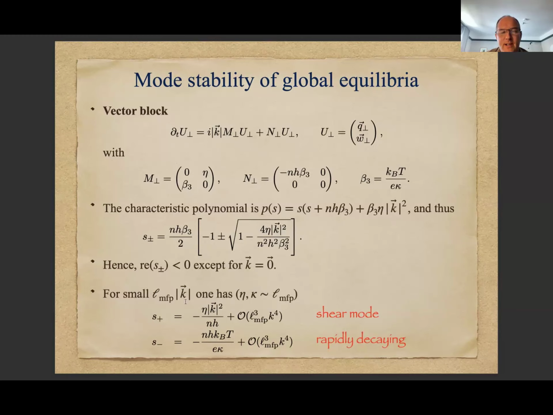So if you look at this regime where this theory really makes sense physically, then this reduces to the following two. So you have a mode that decays and goes like minus k squared, with some higher order correction, and this is called the shear mode.